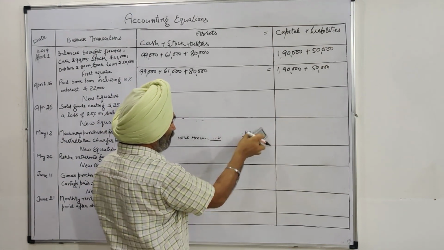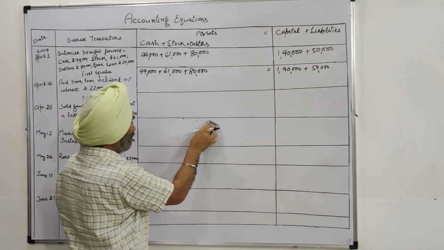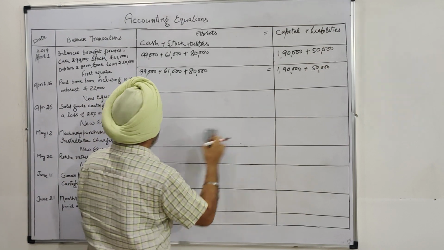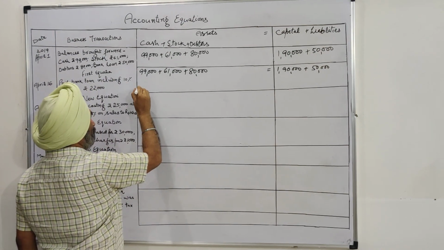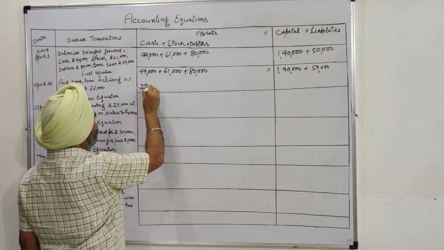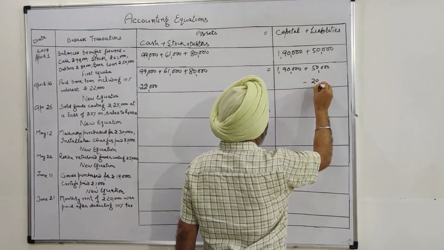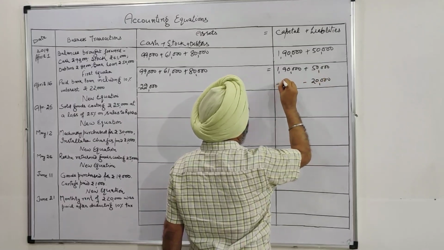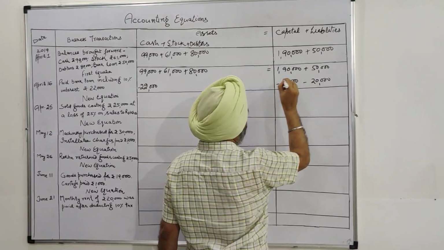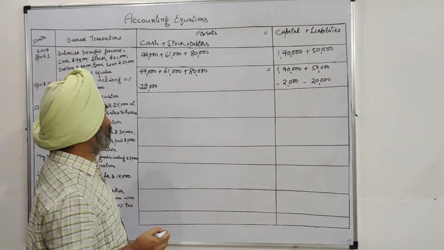So here 22,000 cash is being paid, and our cash will reduce by 22,000, and our liability towards the bank will reduce by 20,000, and our capital because of interest will reduce by 2,000.